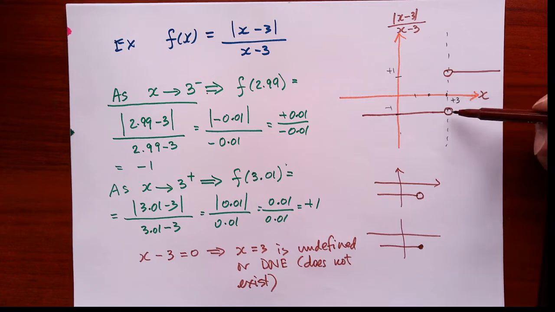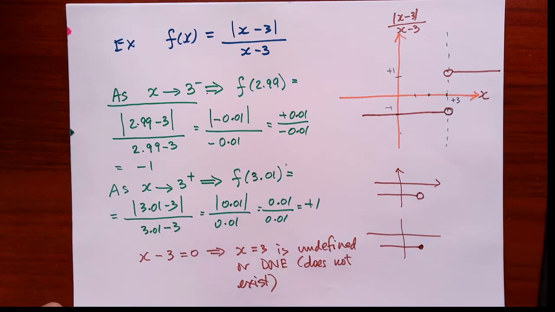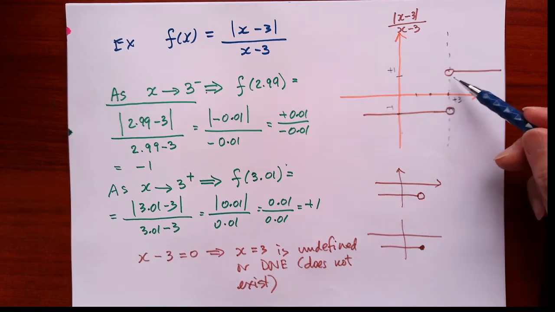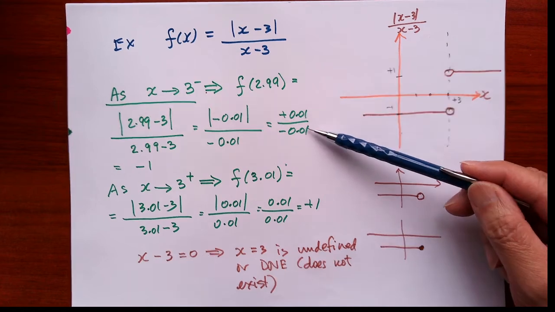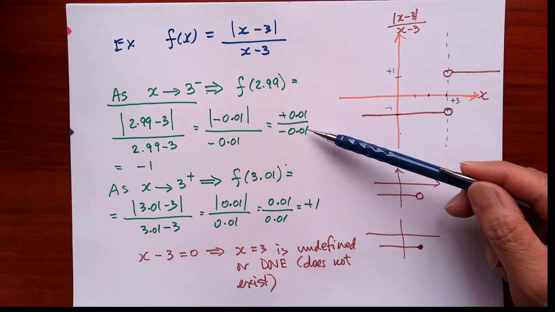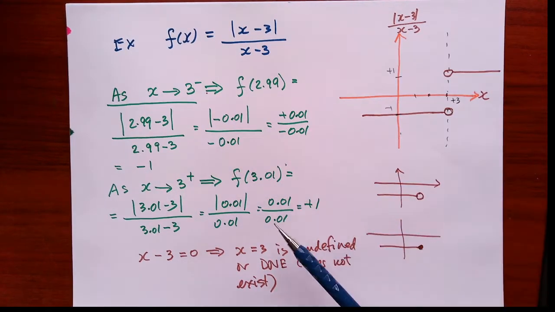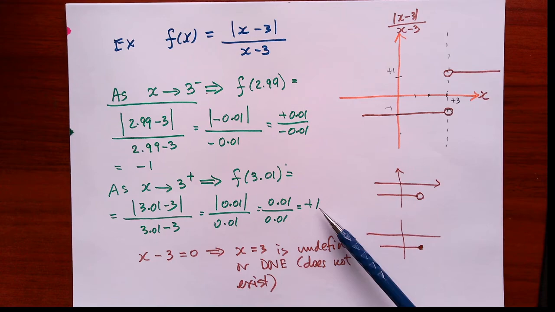This point does not exist. It approaches this point, but it never touches this point. You can put as many zeros as you want here and here, but you still get the answer to be minus 1. You can put as many zeros as you want in the numerator and denominator, but you still get plus 1, approaches plus 1.